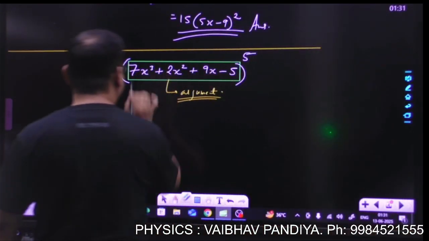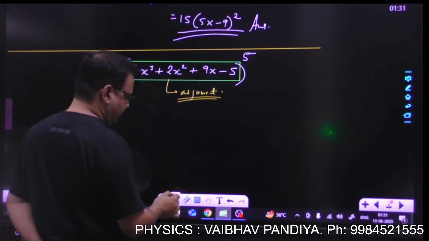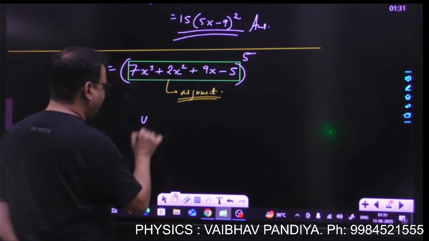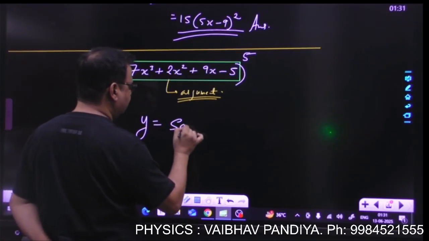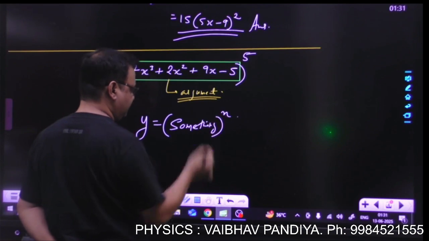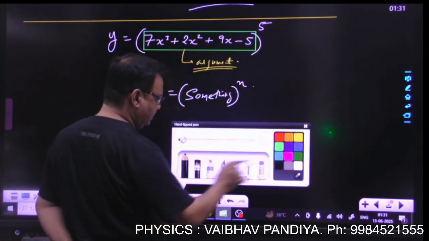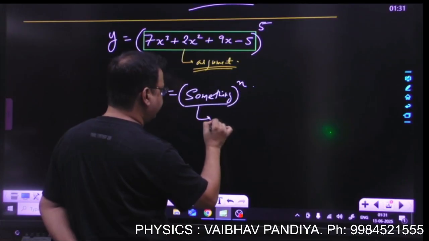Say y is equal to (7x cube plus 2x square plus 9x minus 5) whole power 5. So again we have something of this form. Say y is something to index n, and whenever you have this form, you can treat this something, which is the argument, as a single quantity.